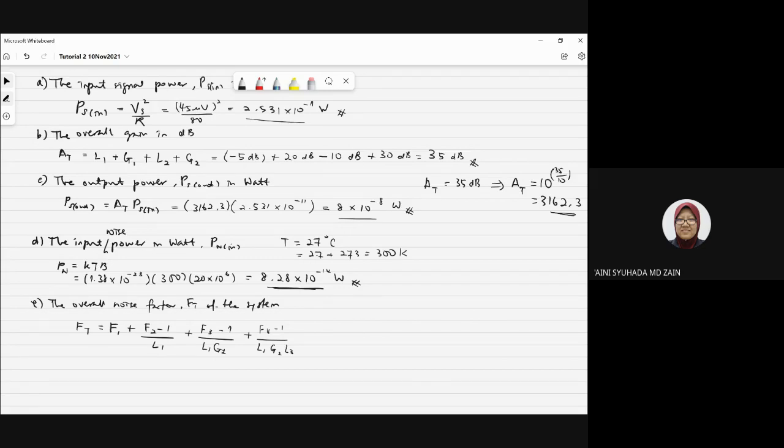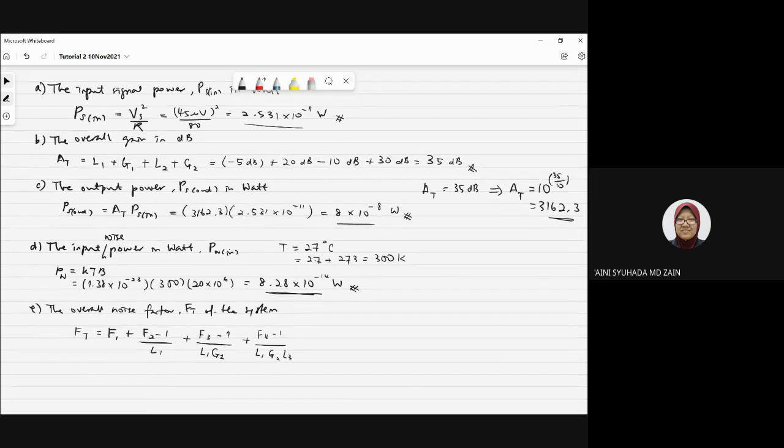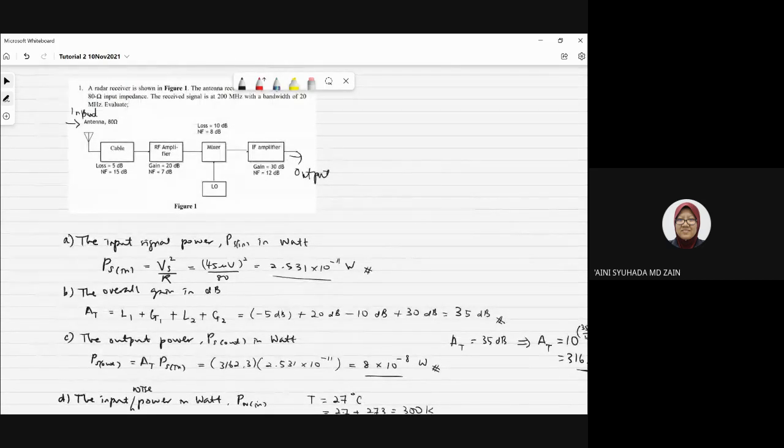So from where you will get all of those values, F1, F2, F3, and F4? All the noise figure values that have been given in the equation. So this one, 1, 2, 3, and 4.